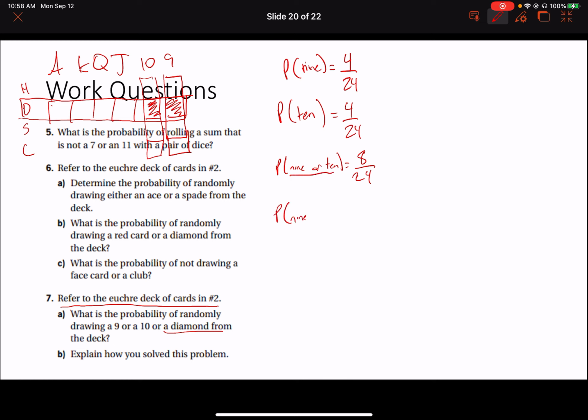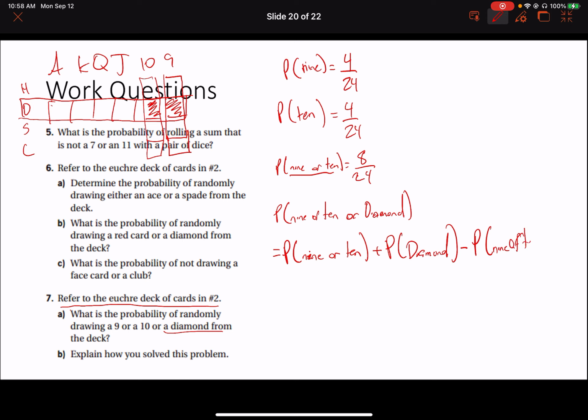Probability of a 9 or 10 or diamond is equal to the probability of 9 or 10 plus the probability of a diamond, subtract the probability that it's both 9 or 10 and a diamond.